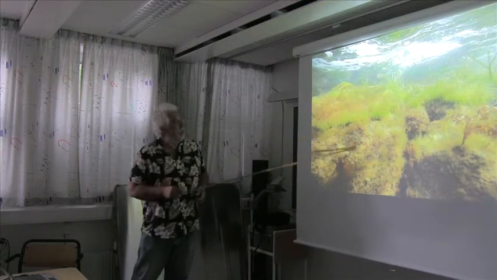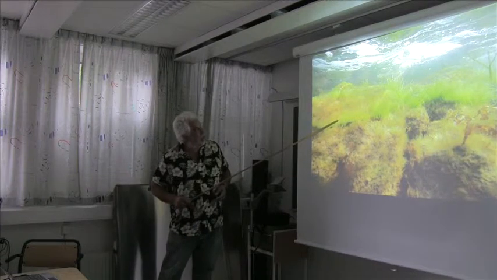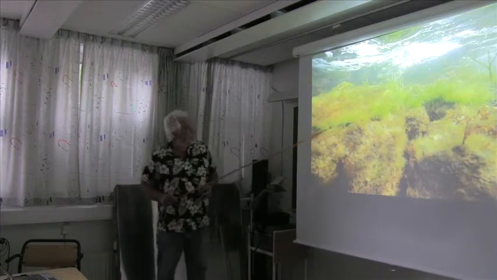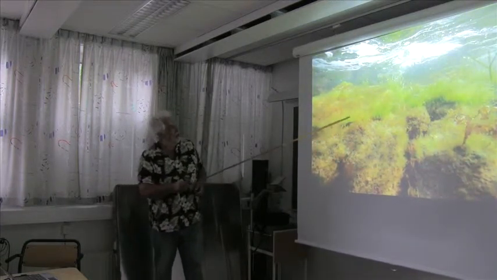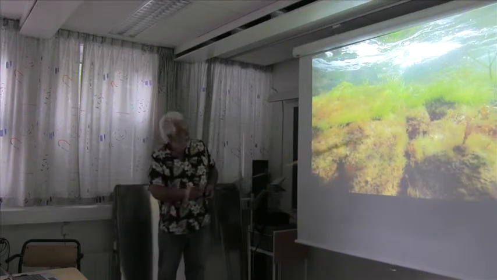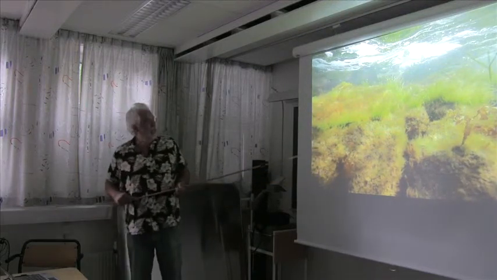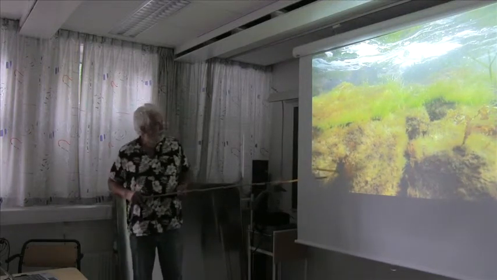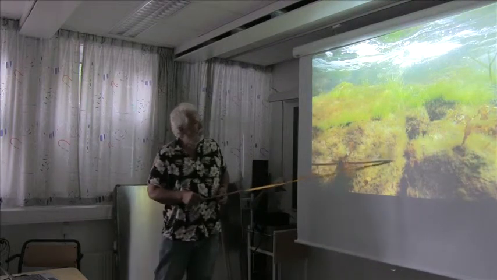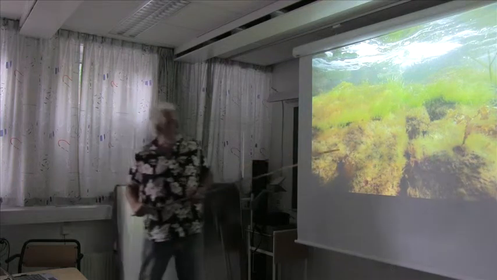We have this very typical... in this case, actually, there is a crack here where we have Mytilus and Enteromorpha, and on these bare sides it's mostly Pilayella littoralis, and then we have small specimens of Fucus.